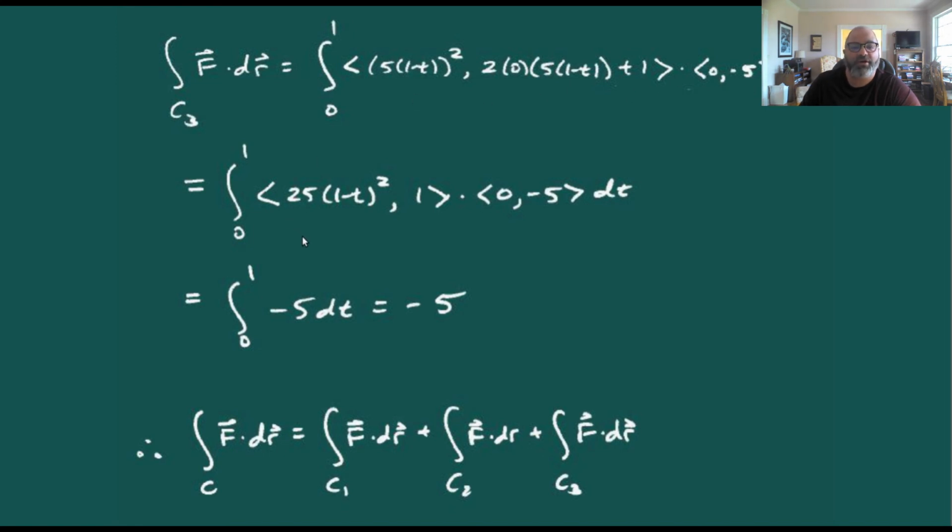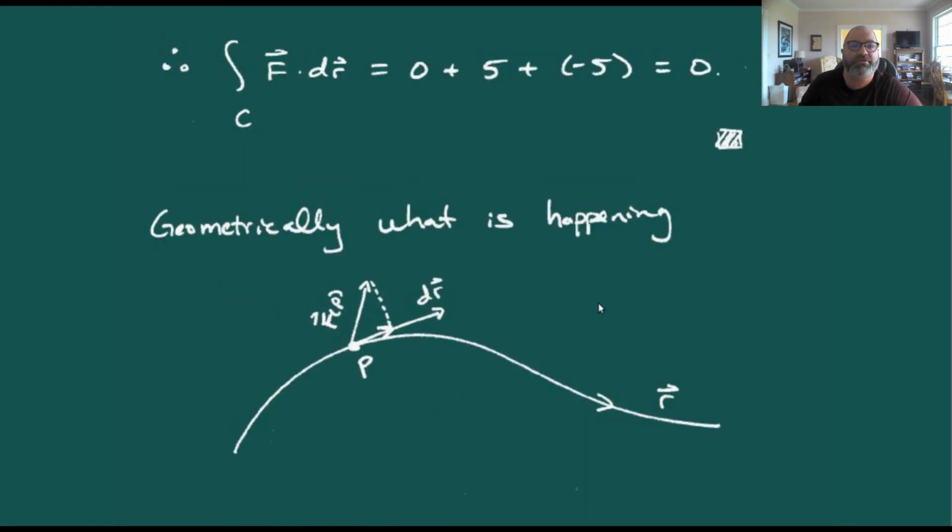Doing that dot product simplifies down to negative 5 dt, integrated from 0 to 1, which just gives an answer of negative 5. So the integral over our entire triangle is the sum of those three integrals, which gives us 0 plus 5 minus 5. Again, we get a value of 0 for that one.